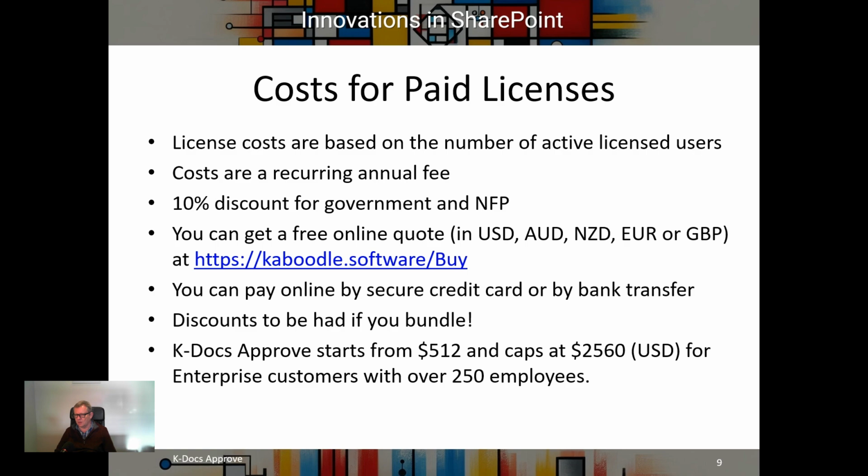So if you've got 5,000 or 10,000 employees, you won't pay more than the maximum we charge for an enterprise license, which is $2,560. As I say, you will pay more if you go for more products and bundle them together, but that's actually a way to save money overall.